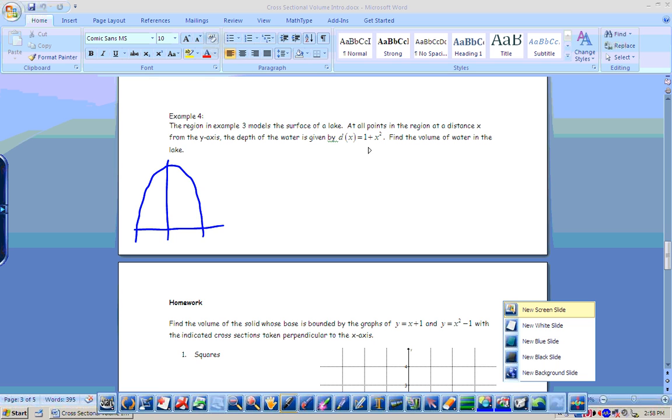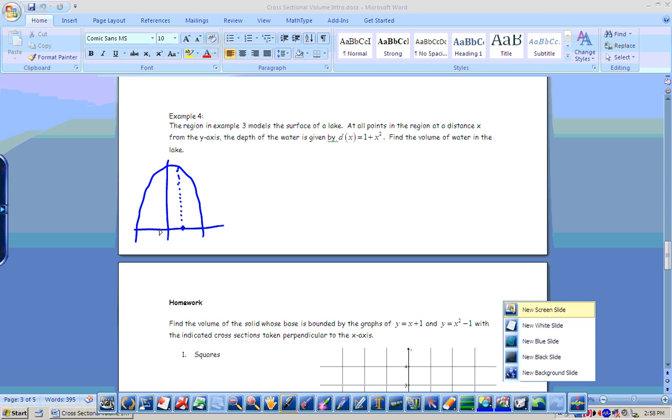That means that if I pick any x value, say right here, then all the points that are x distance from the y-axis, which would mean all of those points on that vertical line, at all of those points on the surface of the lake, the depth of the water is 1 minus whatever this x value is squared.